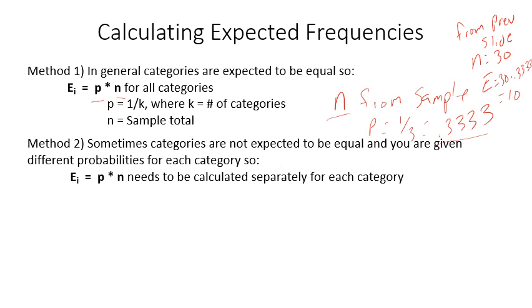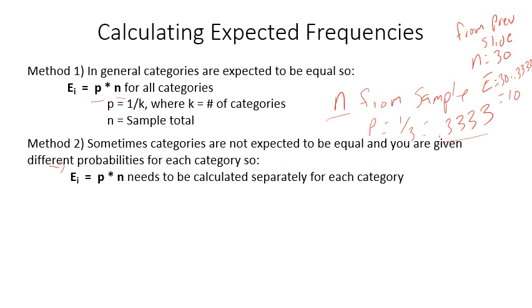If the categories are not expected to be equal, but you've been given probabilities, then the expected for each category, calculated separately, equals probability times n. Again, n is from our sample size. But this needs to be calculated separately for each category. So let's say I thought that 40% would be Ford, 30% would be Chevy, and 30% would be Toyota.